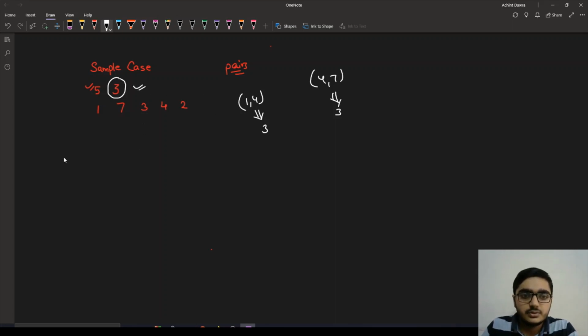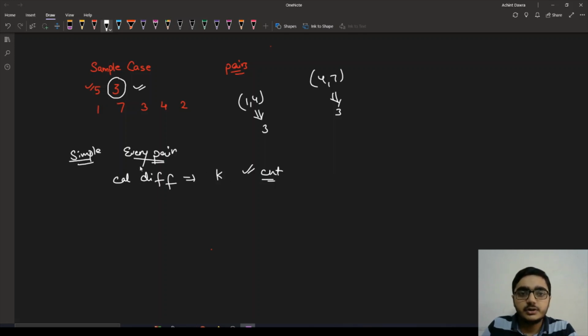The simple approach is to consider every possible pair, calculate the difference, and if the difference comes out to be k, then we increment our count. For this we would go through every pair of elements, and the time complexity would be O of n square.